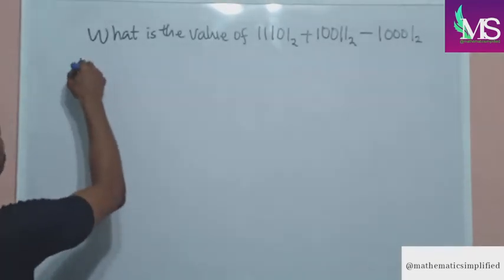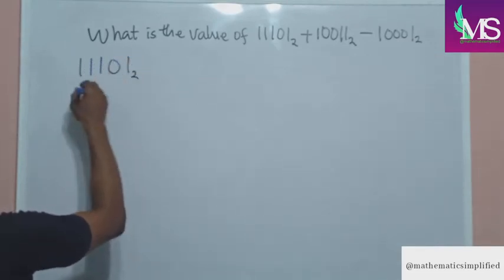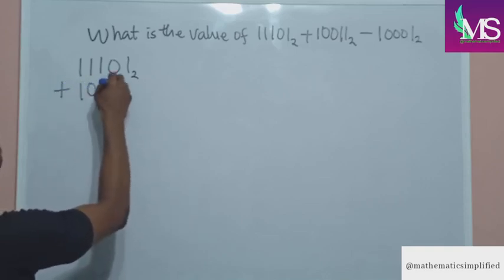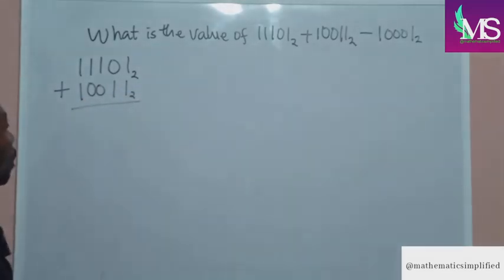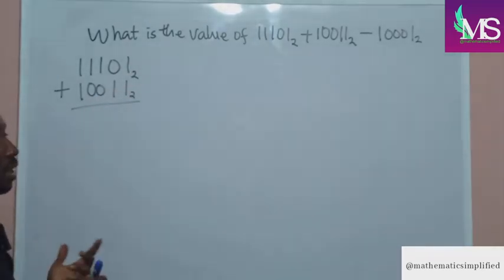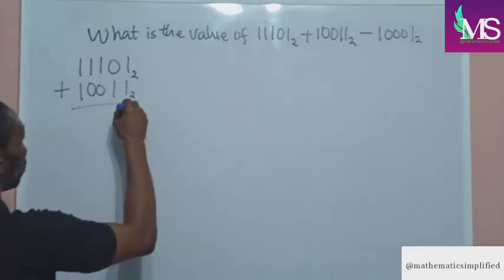So this becomes 11101 base 2 plus 10011 in base 2. Now we know that 1 plus 1 is 1 and 0 in base 2. So we write down 0, carry 1.